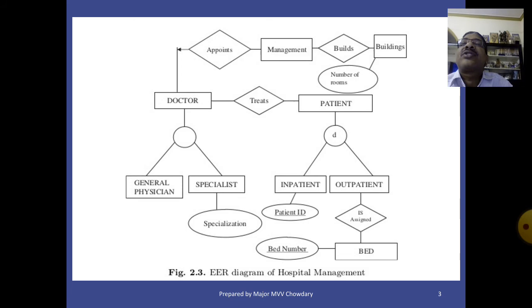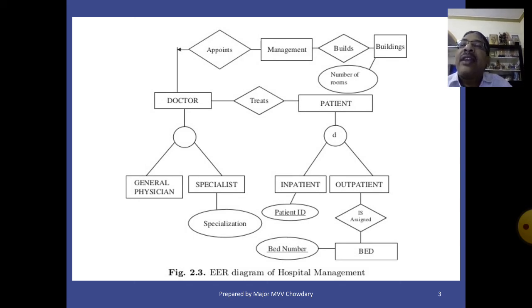Doctor treats patients. Management appoints doctor. Management builds buildings.